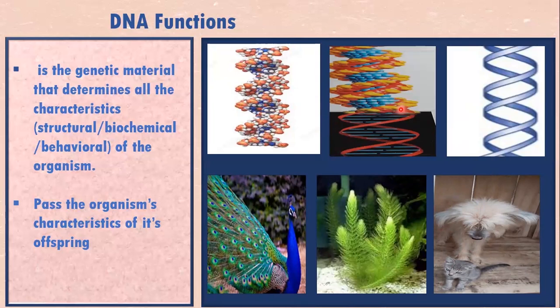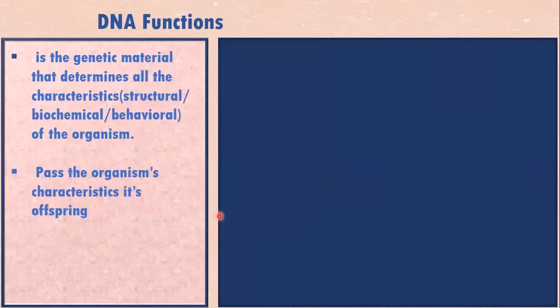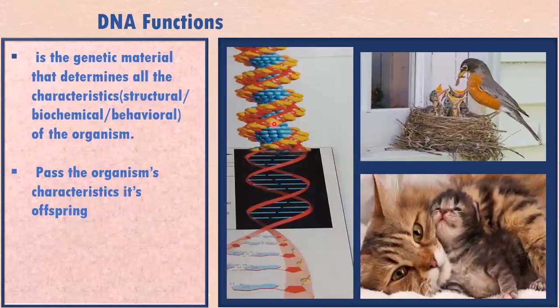DNA does not only determine the characteristics of these organisms, it is also the structure that enables the organism to pass its characteristics on to its offspring. So this DNA enabled this bird to have bird offspring and not offspring of another organism.